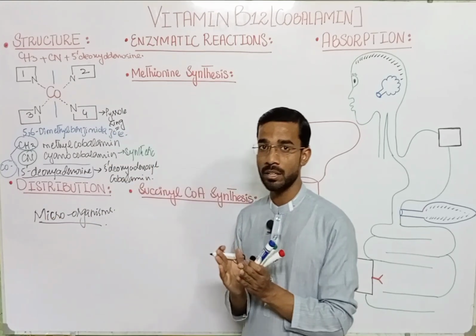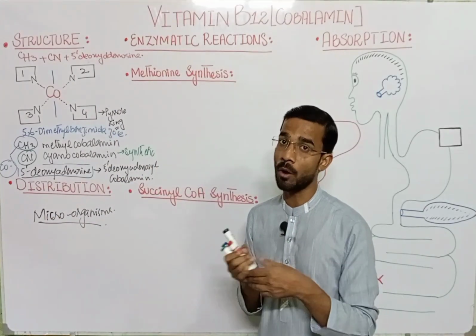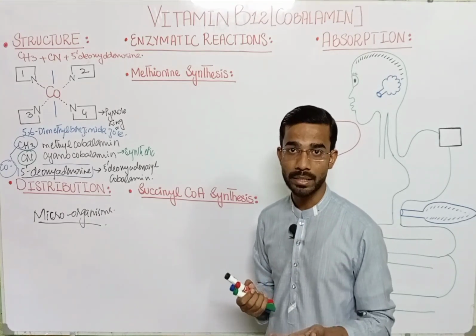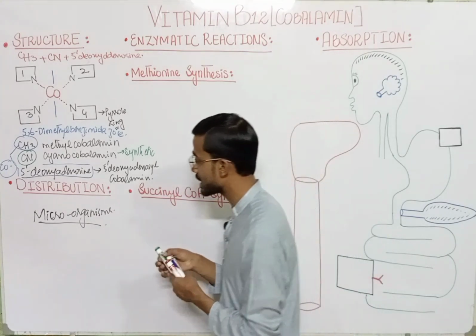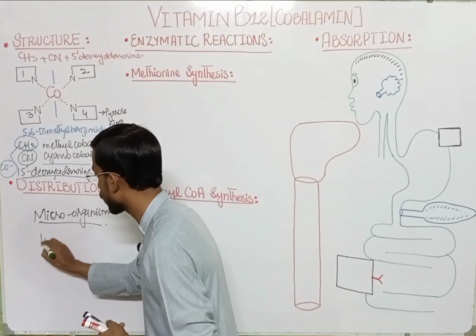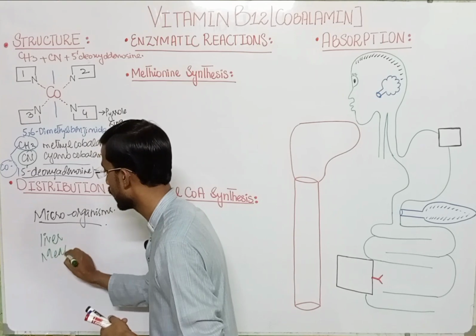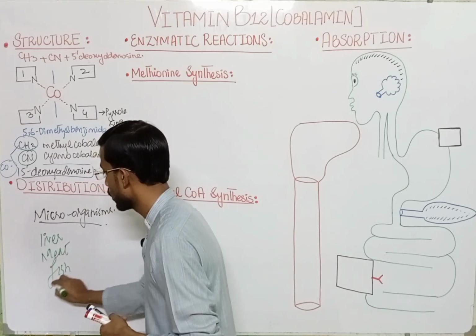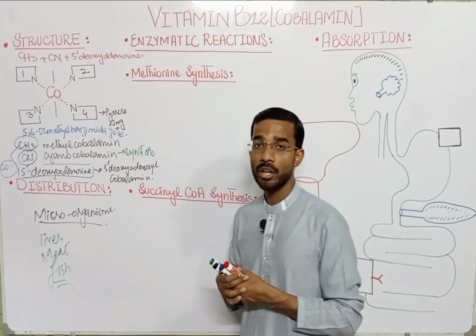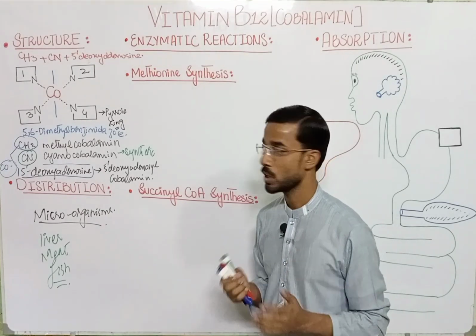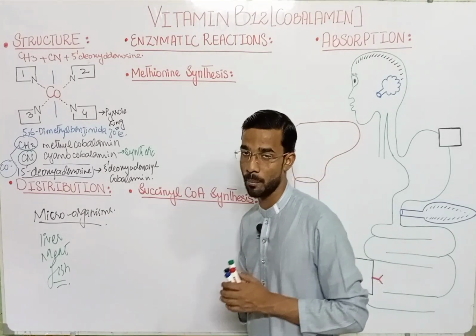You can obtain cobalamin only from animal sources like liver, meat and fish. So this is the distribution of cobalamin.